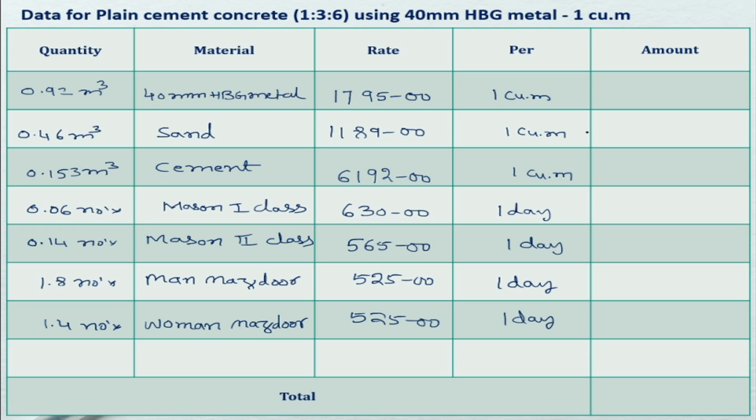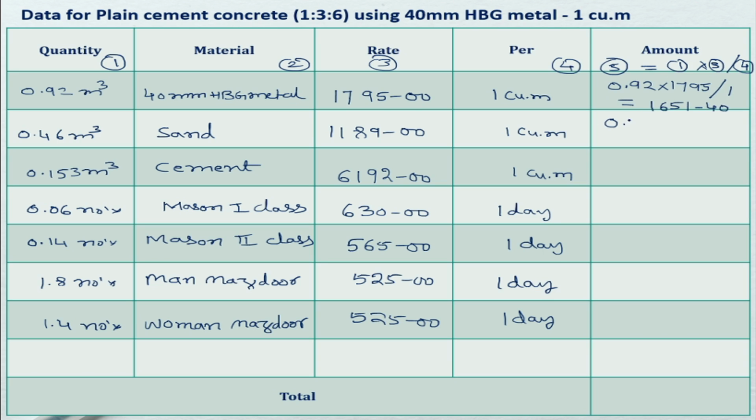Get the amount of all these materials by multiplying the first column with the third column divided by the fourth column. 0.92 into 1795 rupees per cubic meter, per 1 cubic meter, is equal to 1651 rupees 40 paisa.